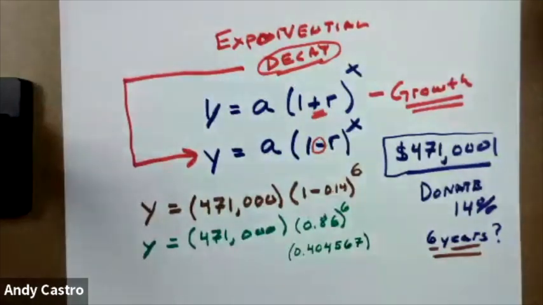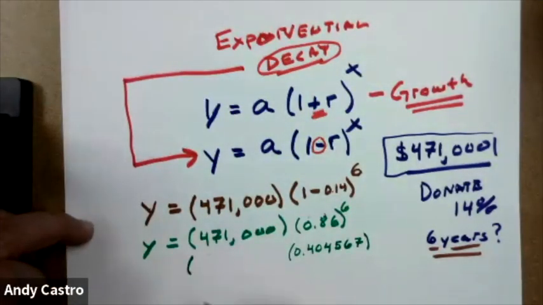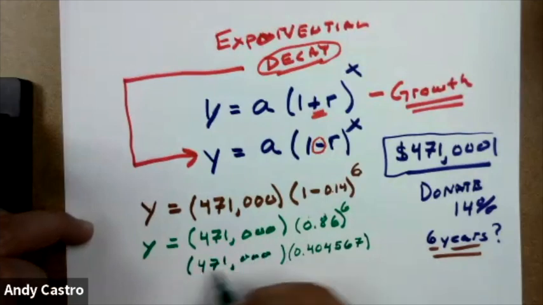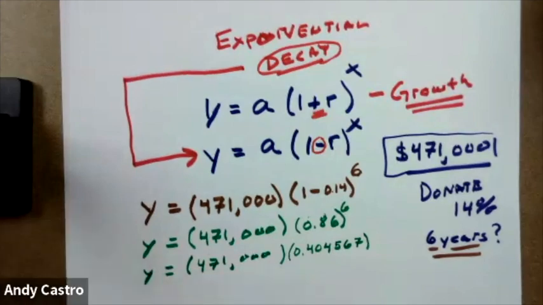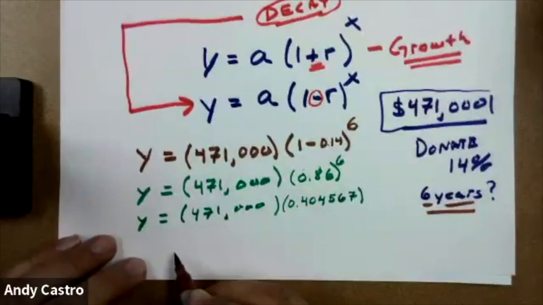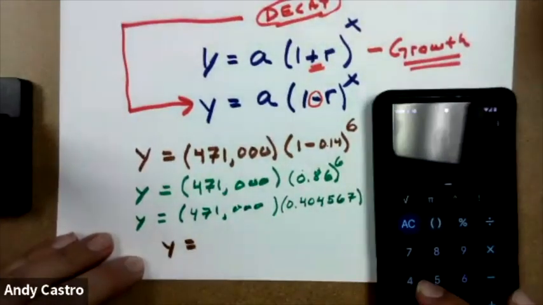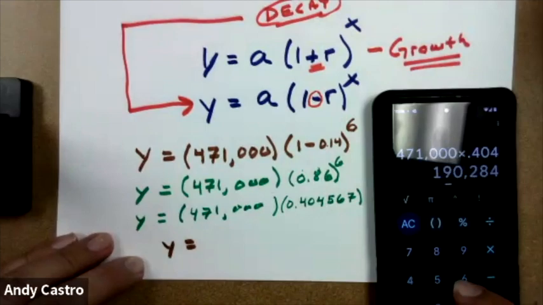Of course, oops, I forgot to change colors here. That's okay. 471,000. So now I simply plug this into my calculator. 471,000, and I multiply that times 0.404567.